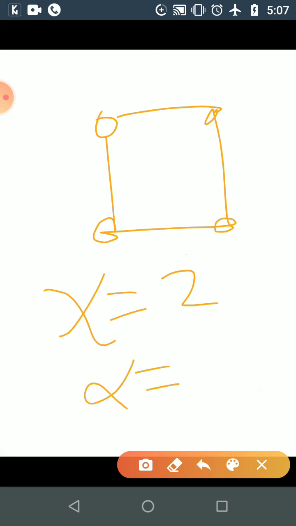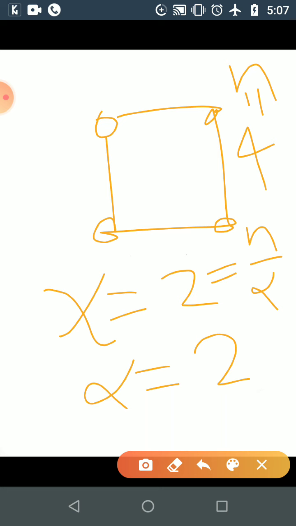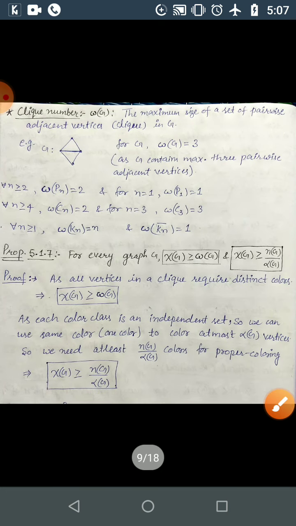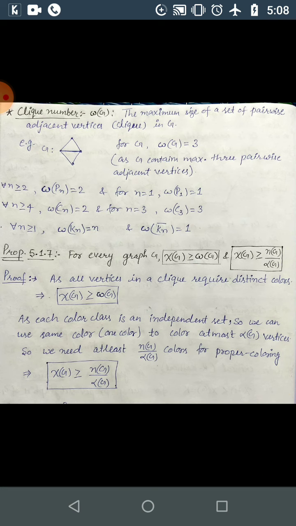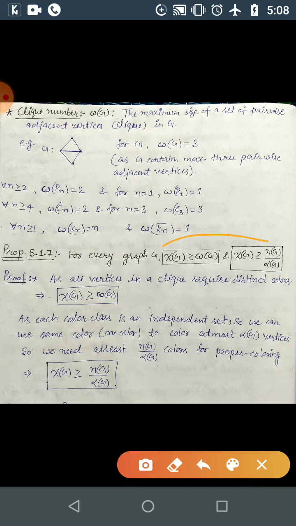The independence number alpha is 2 here, a maximum of 2 independent vertices. And what is n? n is 4. So here 4 divided by 2 will be 2. So this is n by alpha, that is 4 by 2. So here it is equal. So in some graphs you can have equality, in some graphs strictly greater than. That's why this is greater than or equal to. So anyway, you need to remember these results. The proof I have just done.